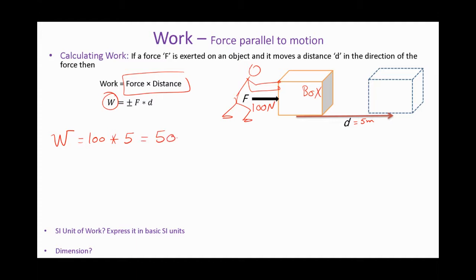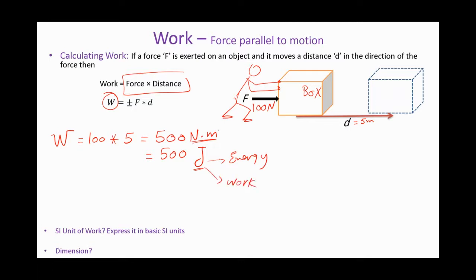So that's 500 Newton meter, or we can say it's 500 what? Do you know, guys? Newton meter or Joule. That's Joule. So the Newton meter is equivalent to the Joule. Joule is the unit of energy, and also we can consider it as a unit of work.